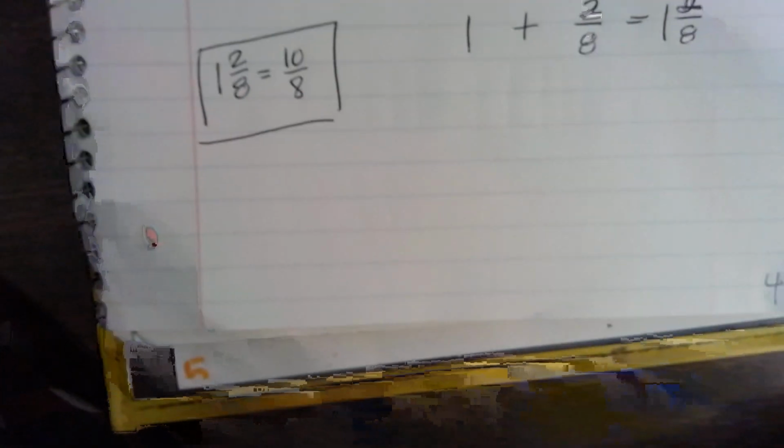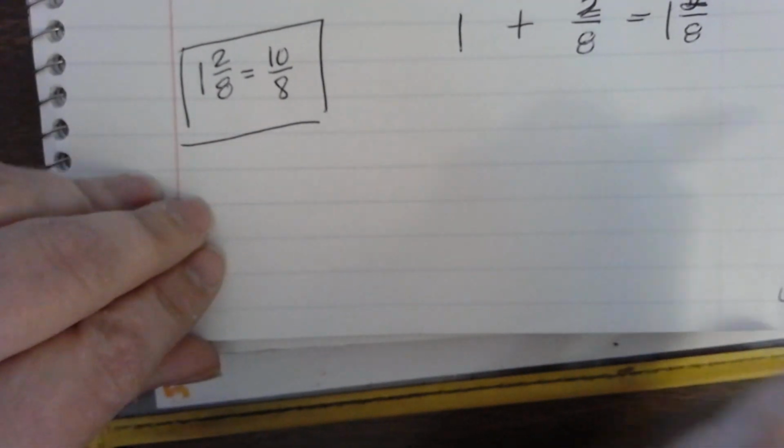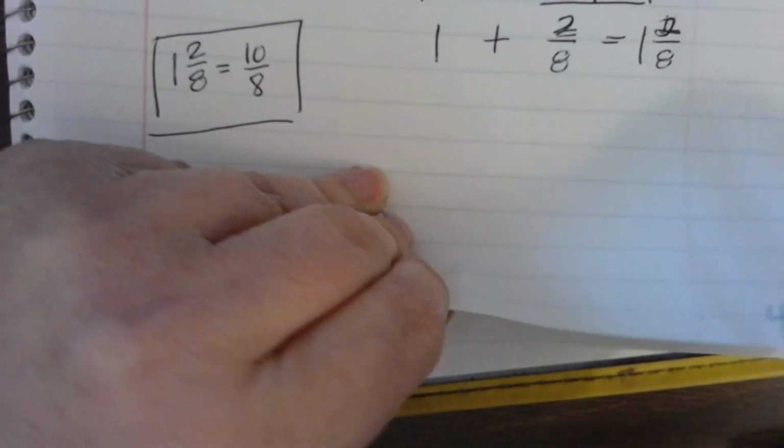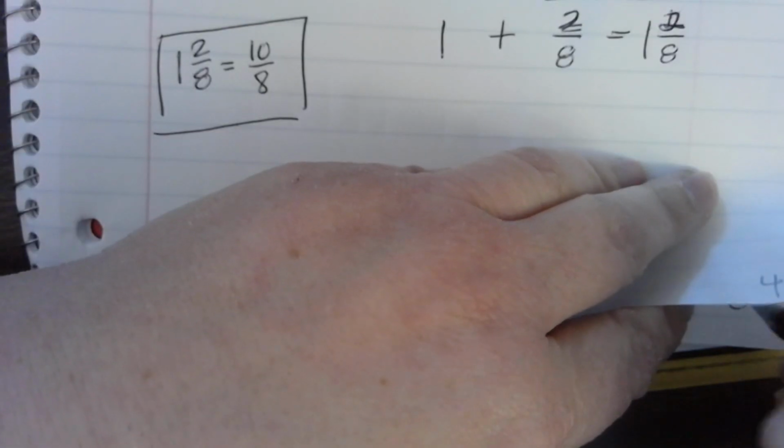Okay, so I'm going to jump to my next page. If you don't have room, or maybe you've already done it, go ahead and number it over here. So let's talk about how we go from an improper fraction to a mixed number, and then a mixed number to an improper fraction.